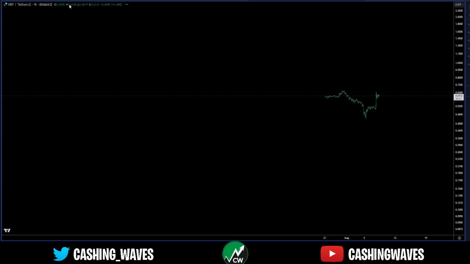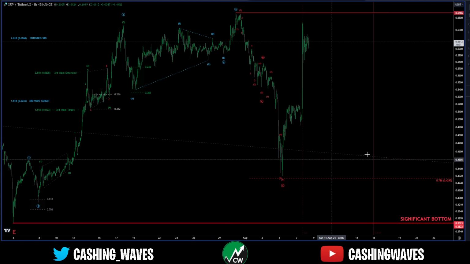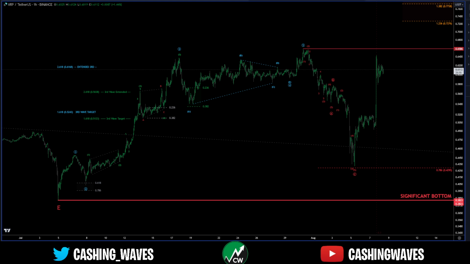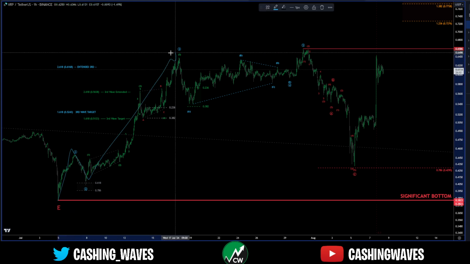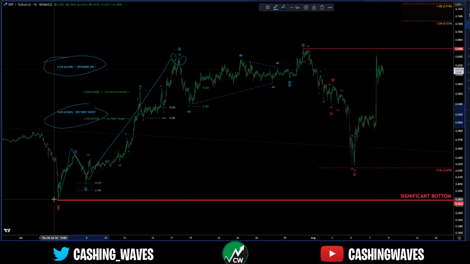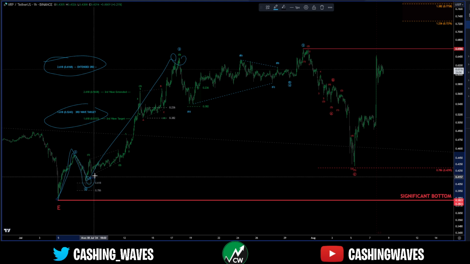Okay, so we'll get to the smaller time frames. So this was our E wave low. We had this marked out as a wave 1, 2, 3, extended target to the 2.618. We usually look for the 1.618, taken from the beginning of wave 1 off of the top of wave 1, extended off of wave 2.